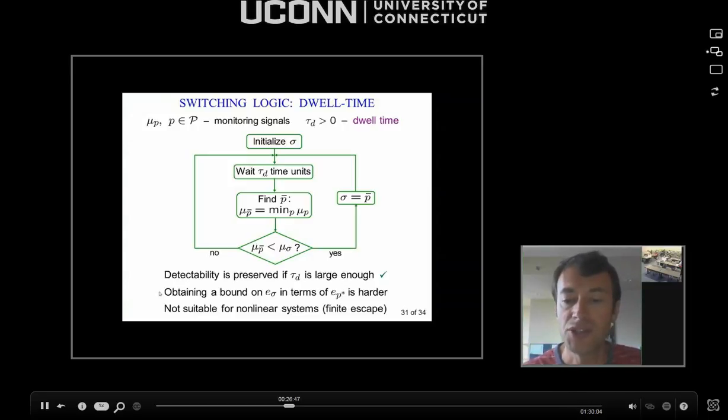And in fact, for nonlinear systems, this may not be suitable at all, because bad things can happen while you wait. For example, the state of the system can escape to infinity, or in practice it will not, but it will become quite large.